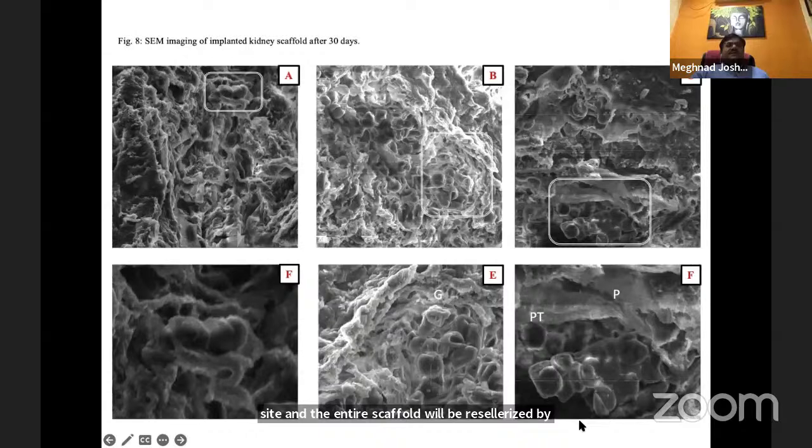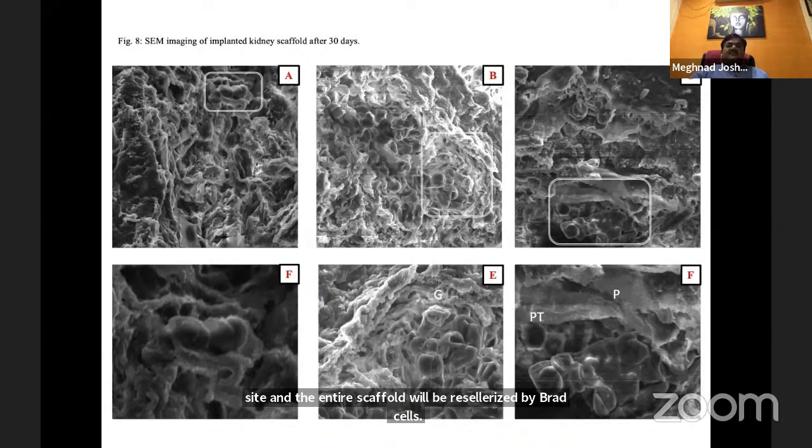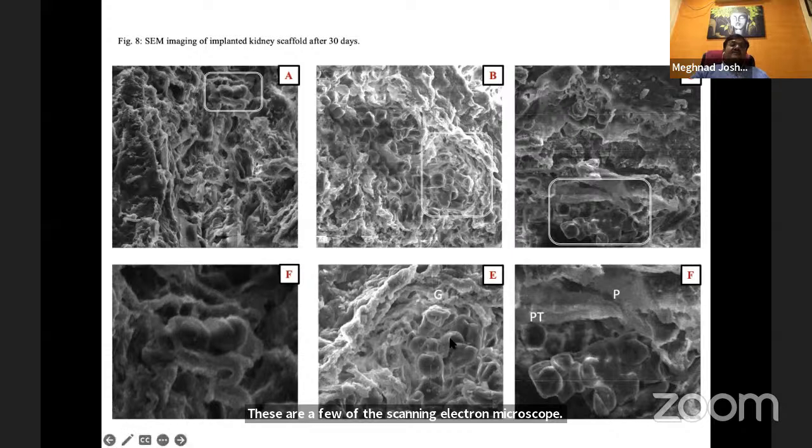These are a few of the scanning electron microscopy photographs of the scaffold. If you could see, the glomerular structure is being restructured. Now there are different types of cells which are specialized. They are being recruited. If you could see actually the RBC structure. So there are a lot of cells here.